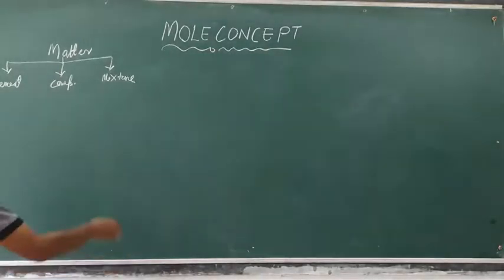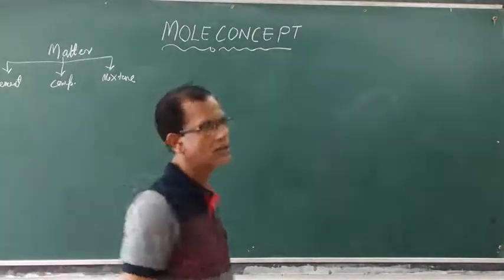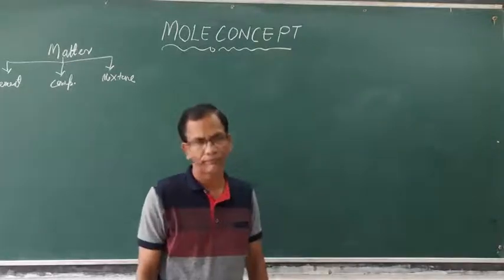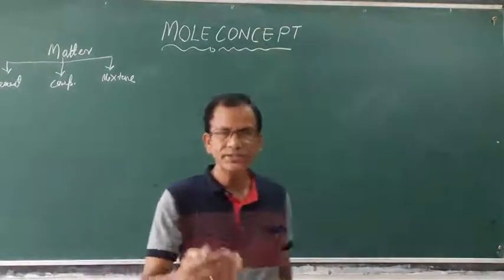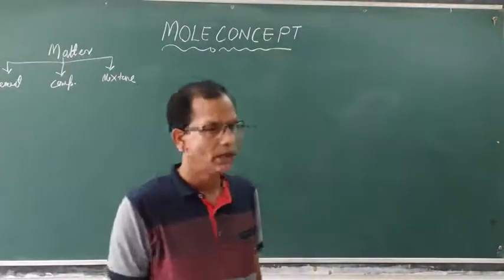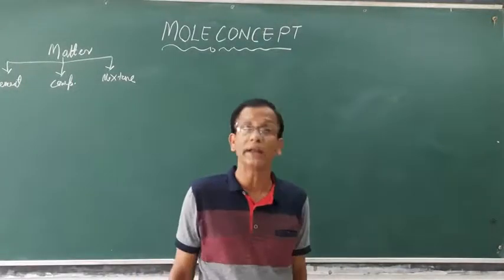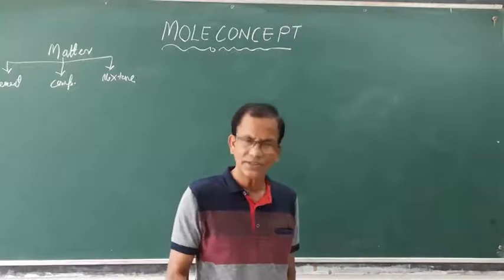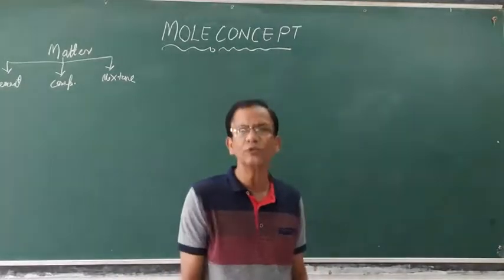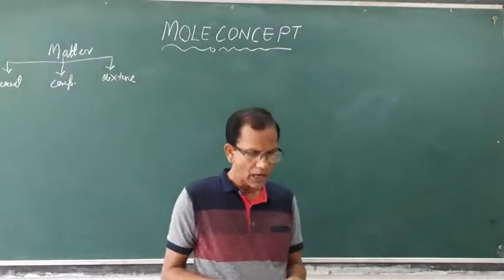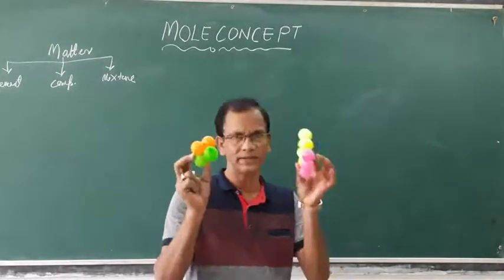But all these three kinds of matter contain different types of particles. Their particles' nature is different. The nature of particles differs from matter to matter. Let us just discuss one. I am showing one model. I have taken these two models.